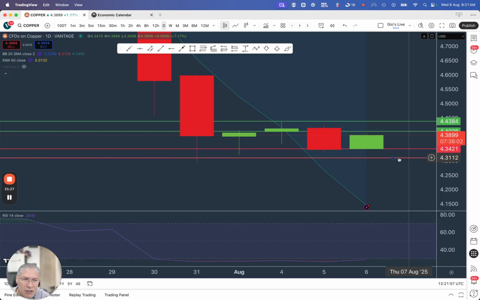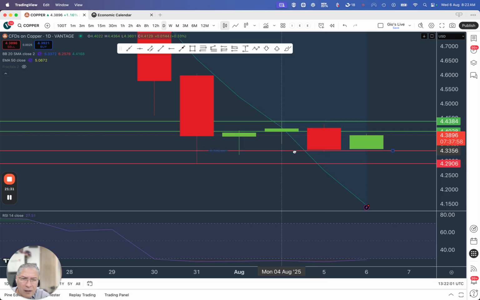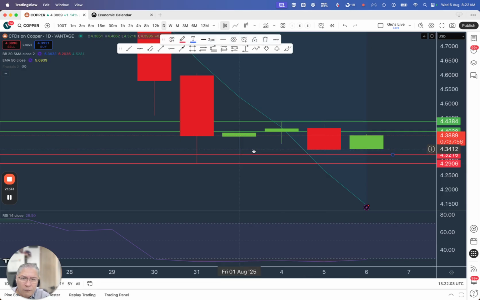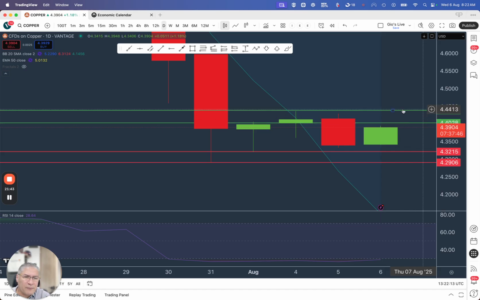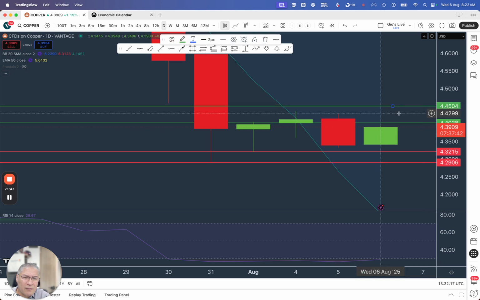So I'm gonna just use this swing low and then the previous swing low for support. As far as resistance goes, well, 440 seems to be working well so far in this time frame. All right, I'm gonna tighten up my 445 actually, and just leave that at 440 for copper.